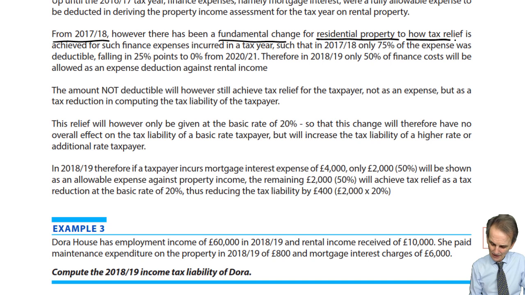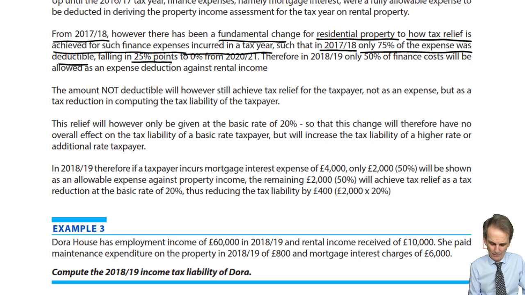As to how tax relief is achieved for such finance expenses incurred in a tax year, back in 2017-18, only 75% of the expense was deductible, and the remaining 25% falling, in 25 percentage points to 0% from 2020-21. I'll tell you what happens to the other 25% in a moment.